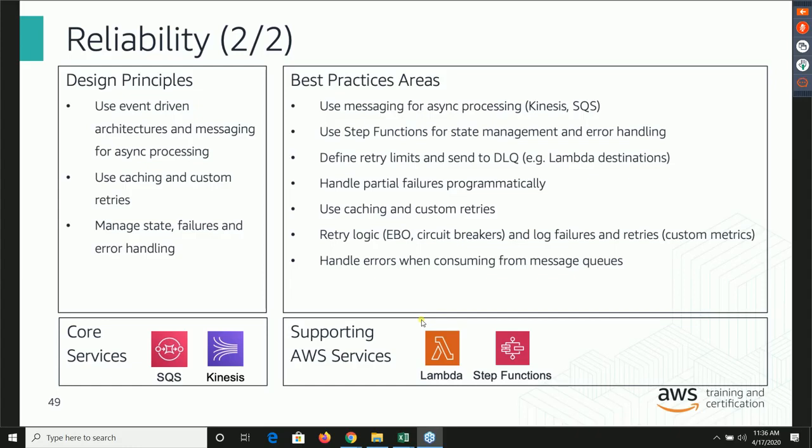They also talk about using saga patterns, which is more on the dev side. I don't want to get into it too much right now, but you can implement those patterns here to handle programmatically any partial failures that might happen.